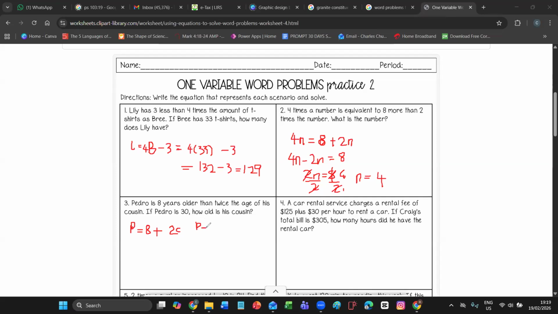So P equals 30. That's what they're saying. So anywhere we see P, we can put what? 30. 30, yes. So we'll go ahead and just place 30 there and solve for C.